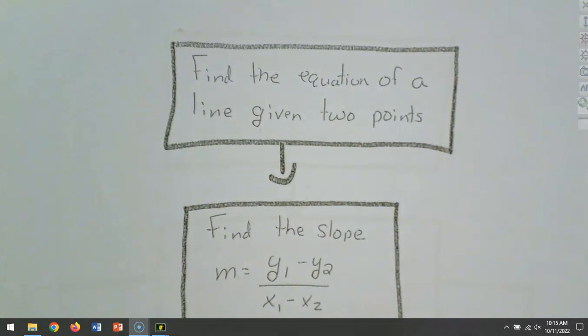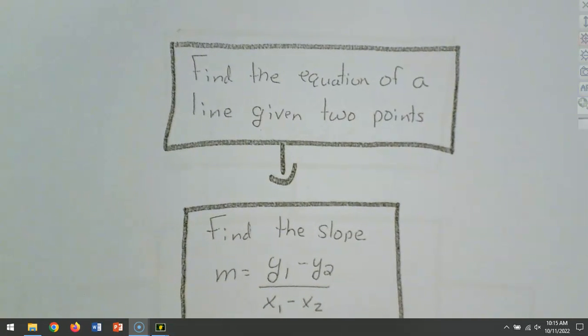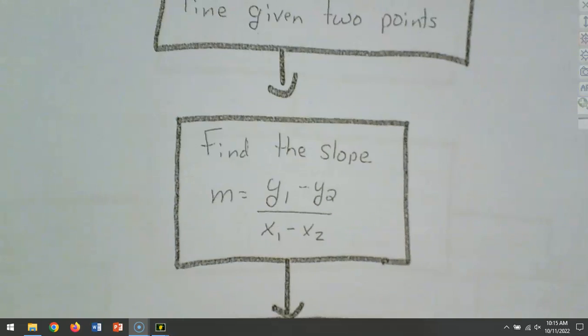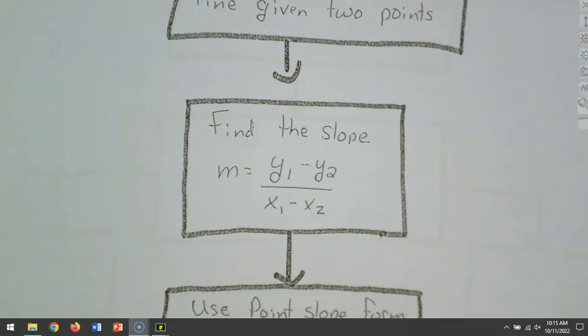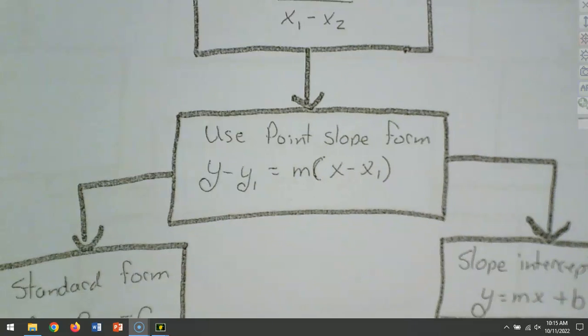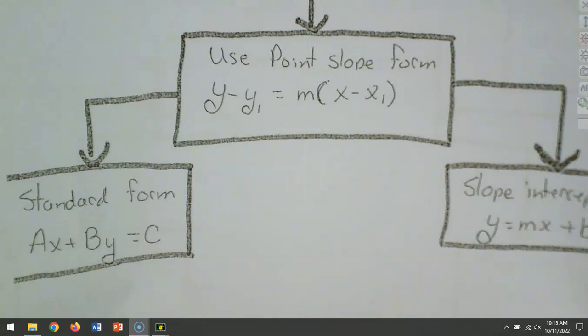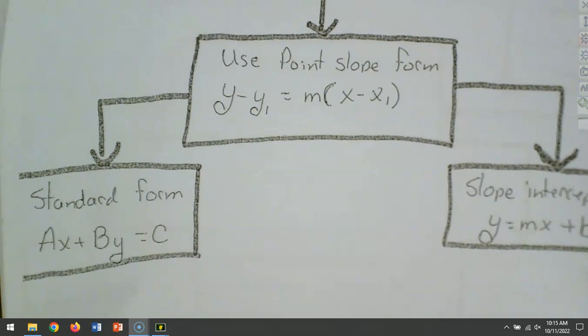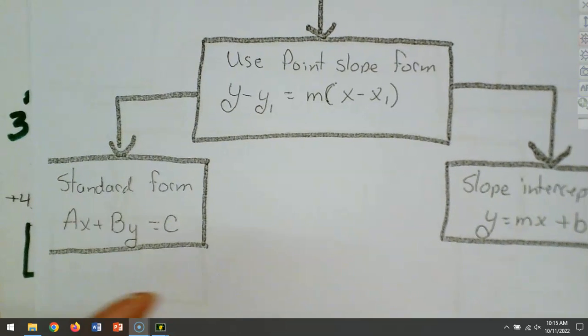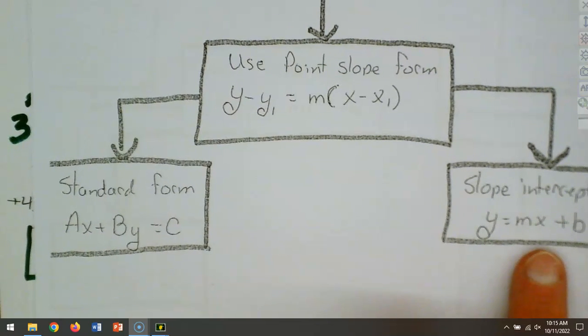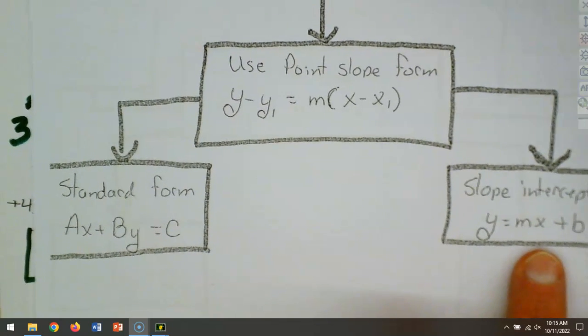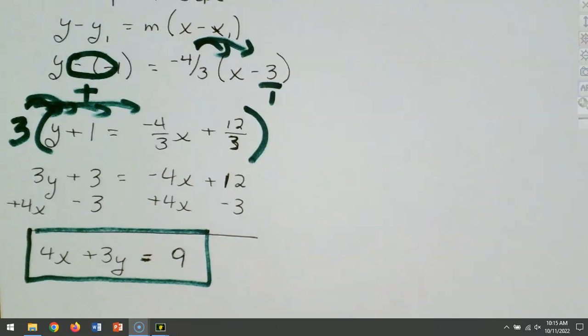Find the equation of a line when you're given 2 points, right? So, what do we do first? New step, we find our slope. After we found the slope, then what do? Use our point slope formula, and then we either write our answer in standard form or we write it in slope-intercept form. It's the same as what we did, it just has one extra step.